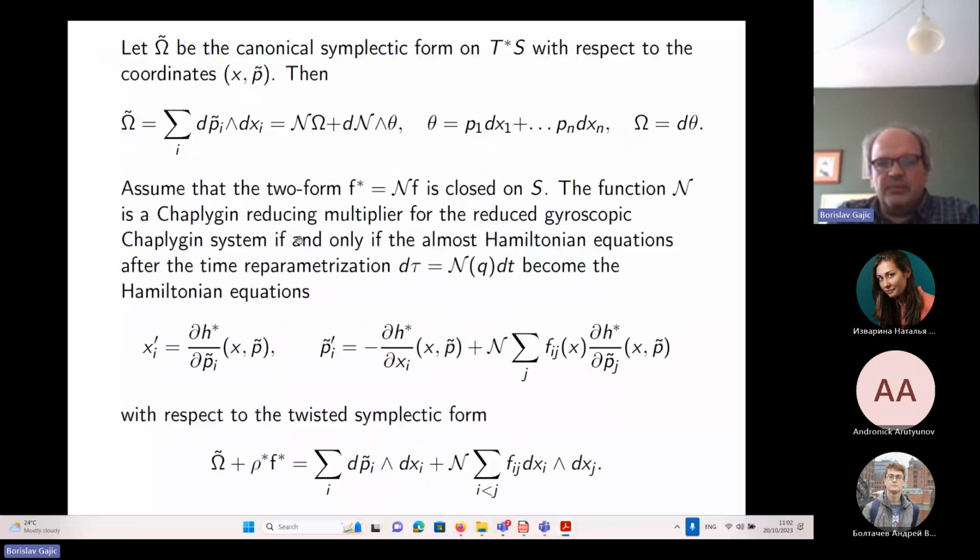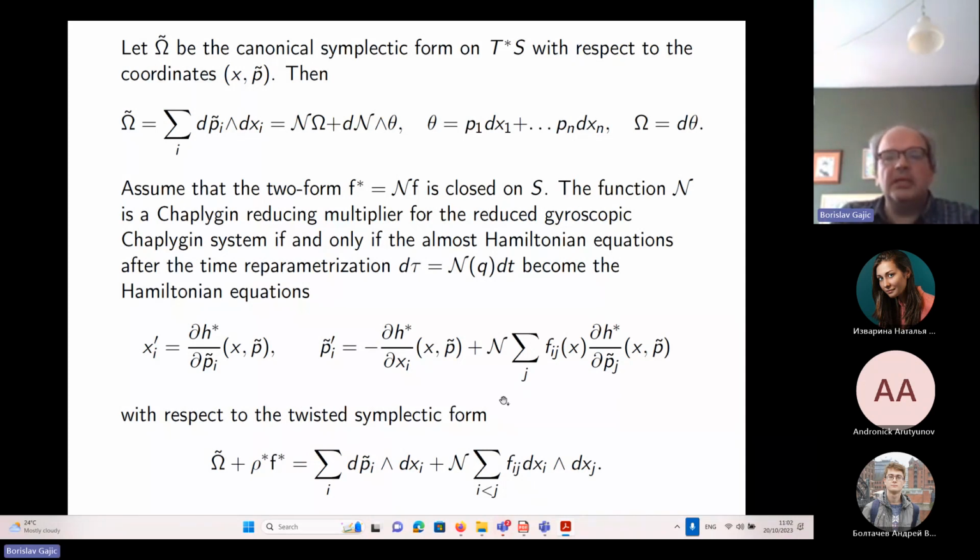The function is a Chaplygin multiplier if and only if the almost Hamiltonian equation after time reparametrization becomes a Hamiltonian equation, but with respect to a new twisted symplectic form. We have this canonical symplectic form after time changing, but we have this additional term given by n times the form defined by our gyroscopic forces.